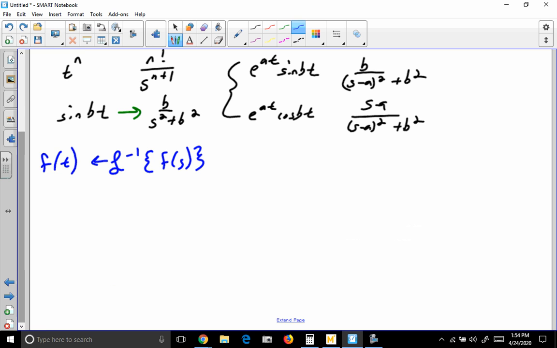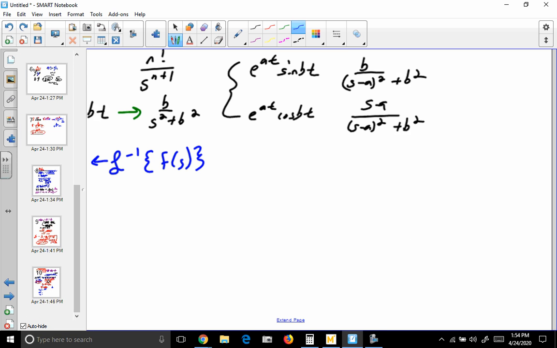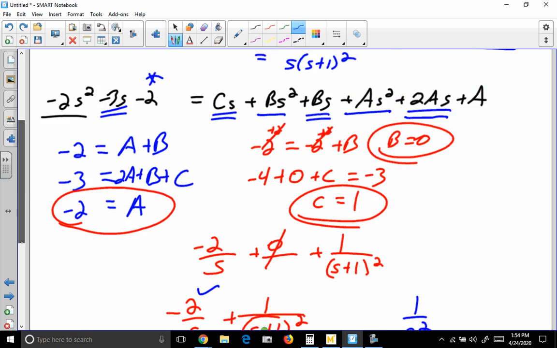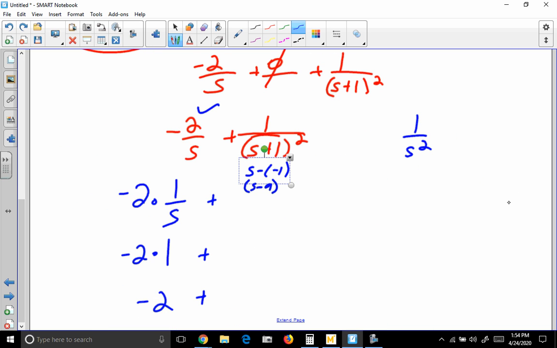So how are we going to do that? t to the n transforms into n factorial over s to the n plus 1. So if we're transforming that, n plus 1 is 2.